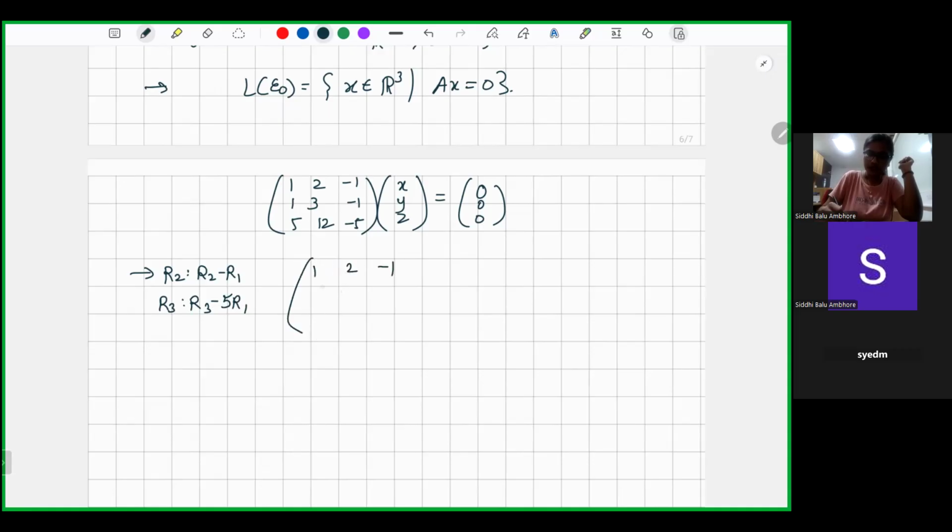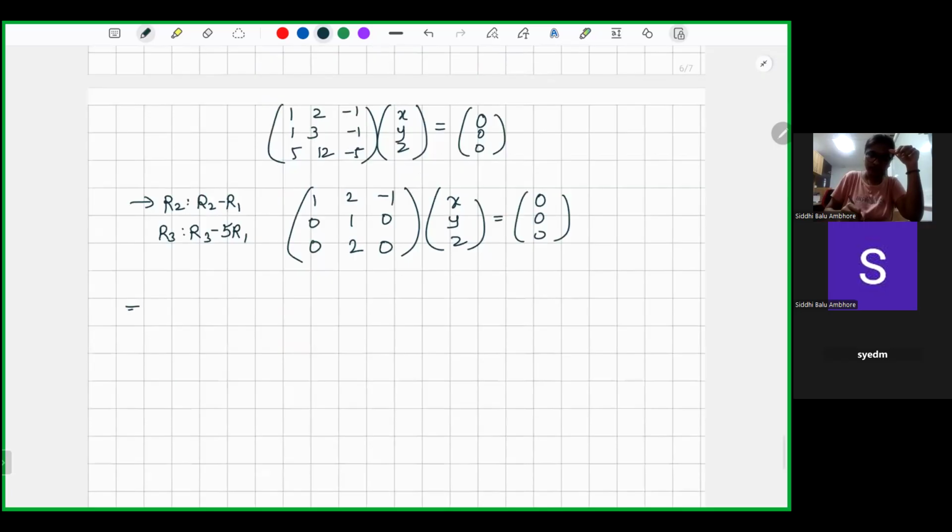1, 2, minus 1 as it is, 0 minus R1, so 1, 0. And here I get 5, sorry, 0, and we are doing 5, so 2, and 0 again, and x, y, z, 0, 0, 0.